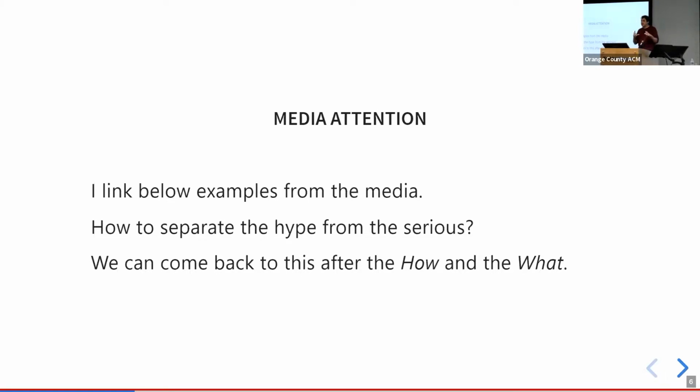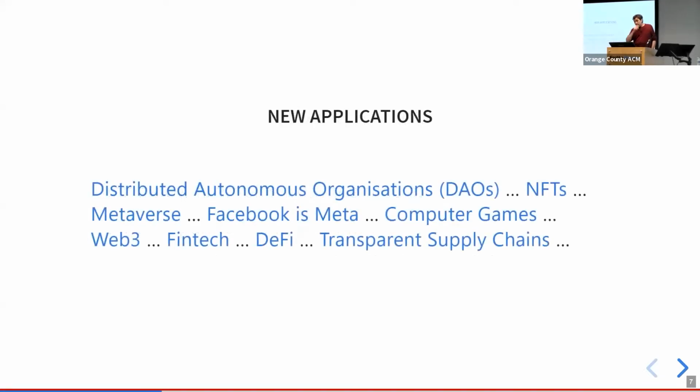And I hope I can give you a little bit of background that will help us to assess the media landscape. So why the hype? On the one hand, there are lots of new applications that this technology offers us.